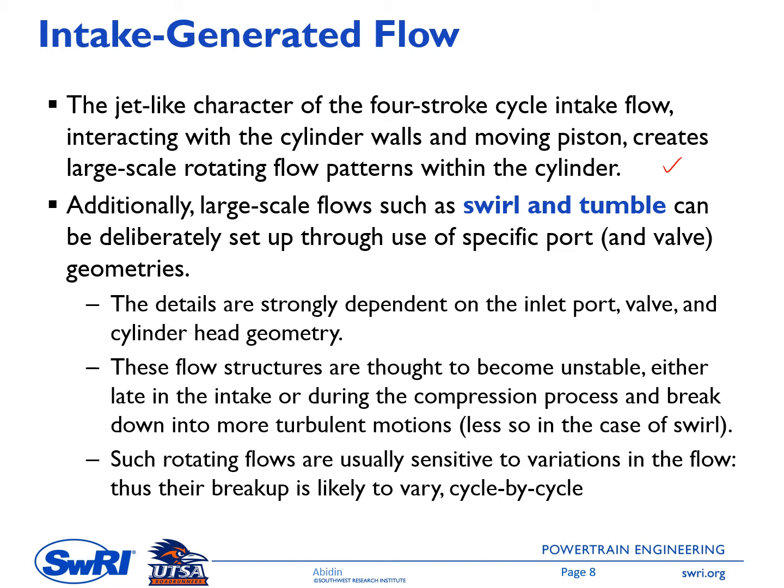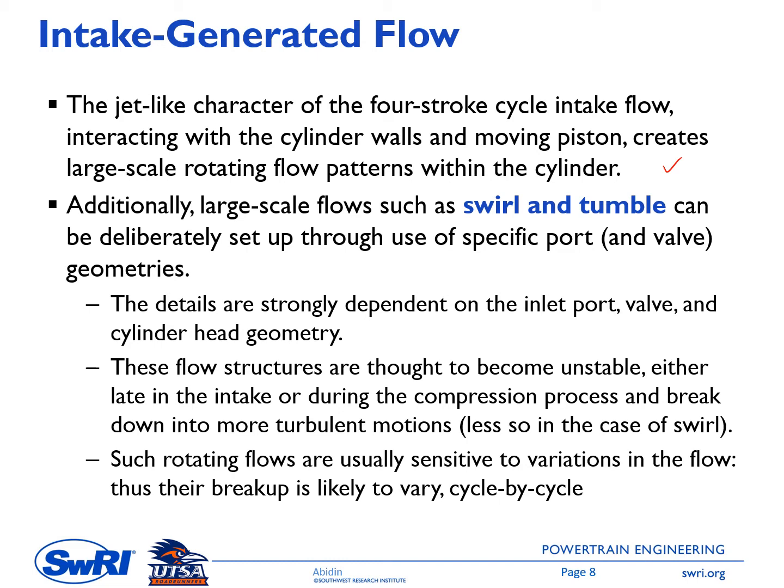Swirl is a rotating flow with the axis in line with the cylinder axis, and tumble is a rotating flow with the rotating axis perpendicular to the cylinder axis. Large-scale flows such as swirl and tumble can be deliberately set up through the use of specific port and valve geometry. We'll talk about this in more detail later.